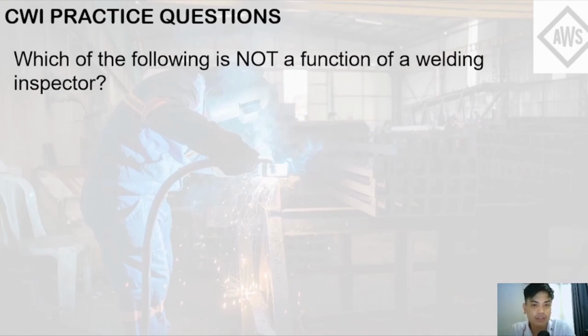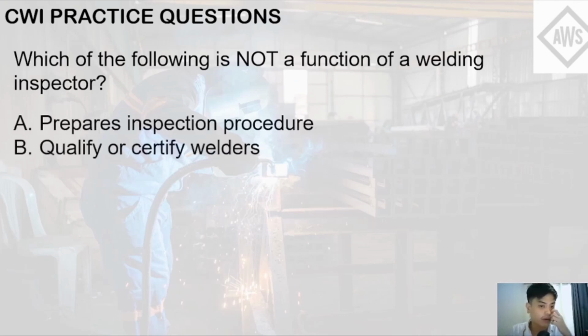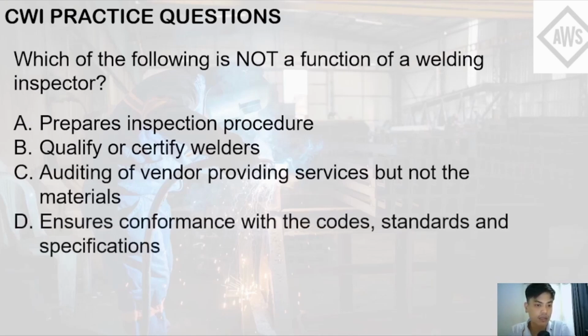Which of the following is not a function of a welding inspector? A, prepares inspection procedure. B, qualifies or certifies welders. C, auditing of vendor providing services but not the materials. D, ensures conformance with the codes, standards, and specifications. These are the functions of a welding inspector. A, the welding inspector prepares inspection procedure, so he documents how he will go about inspecting the weld.